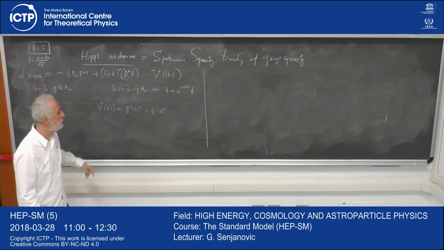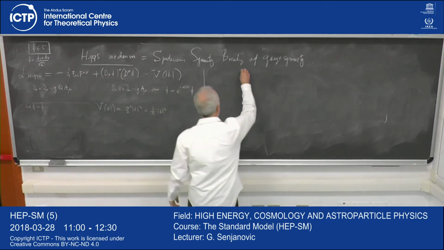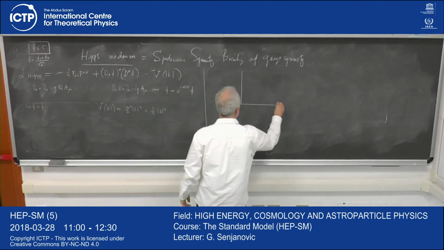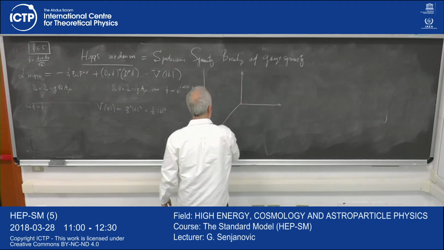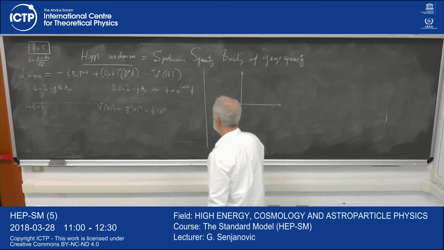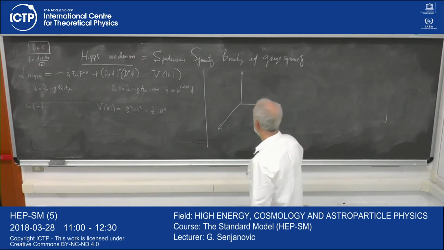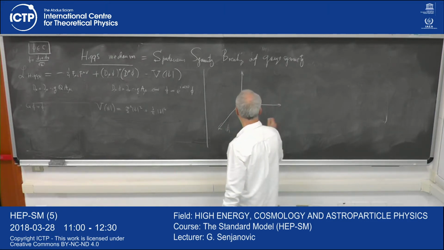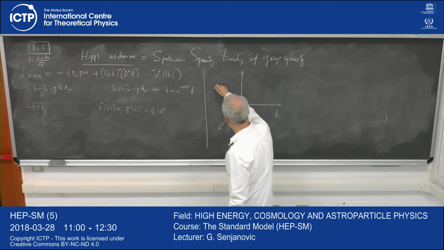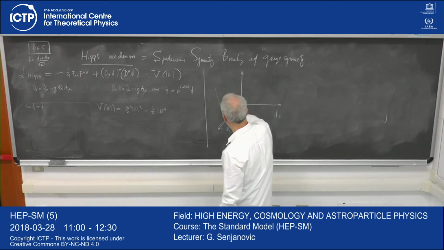So I have to plot it. It's very easy to plot it. I could plot it even in a 2-dimensional plane of phi 1 and phi 2. It looks something like this.